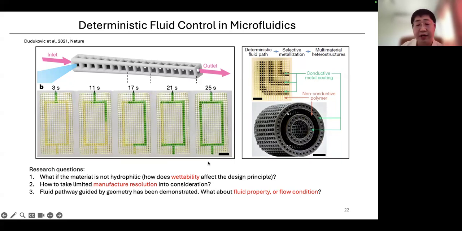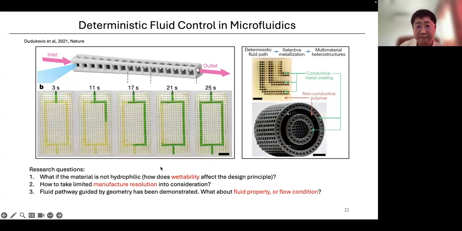In this paper, they use a pretty advanced high resolution 3D printer, but depending on which machine you're using, there's kind of an intrinsic manufacture resolution. Let's say 20 micron, 50 micron. When you're trying to print 100 micron diameter cylinders, you're actually printing plus or minus 10 micron. How do we take this into consideration?